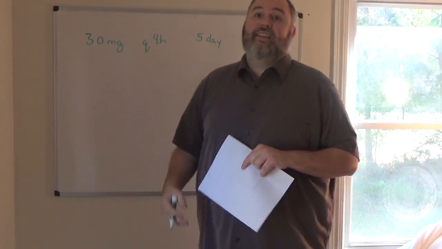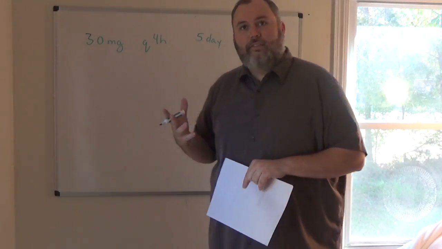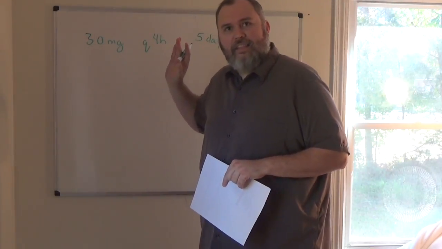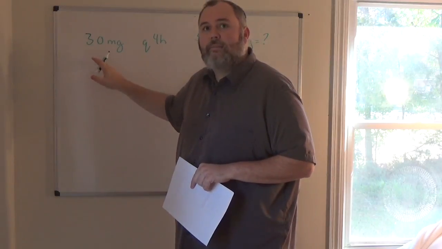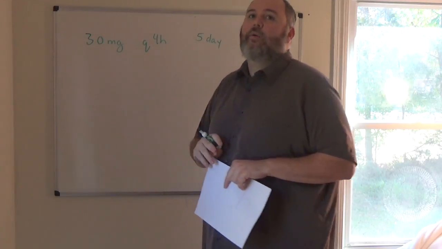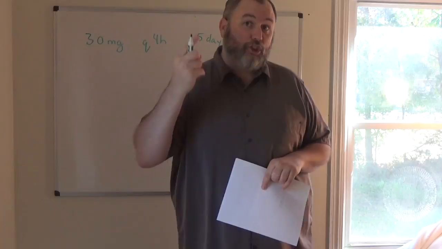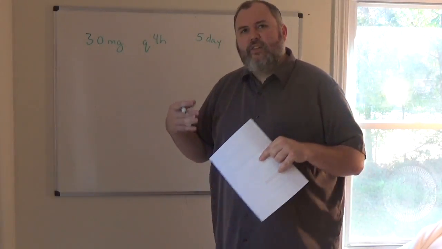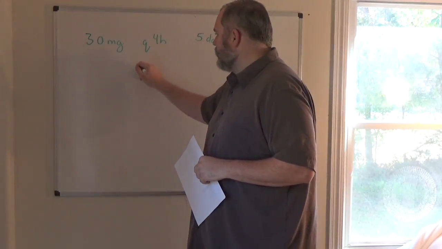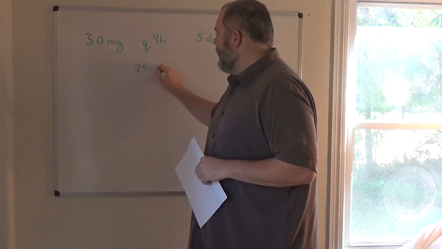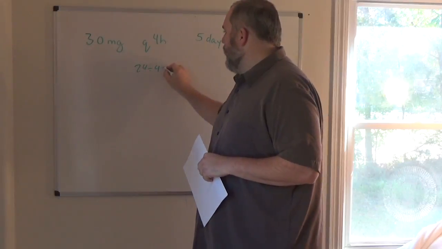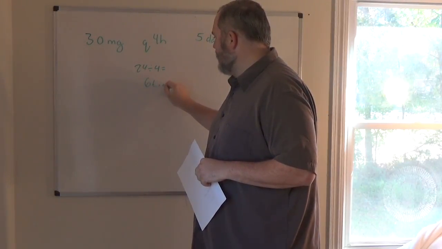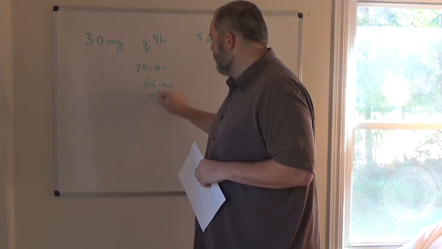All right, so let's keep this easy first. Let's work our way across. I know that this patient is receiving 30 milligrams every 4 hours. So let's calculate how much that is in just 1 day. We know that there's 24 hours in a day. We can divide that by how many hours we're doing, and we find out that that patient is getting it 6 times a day.